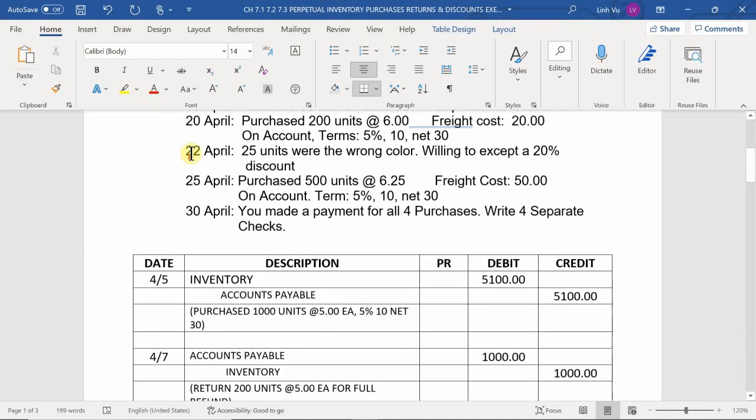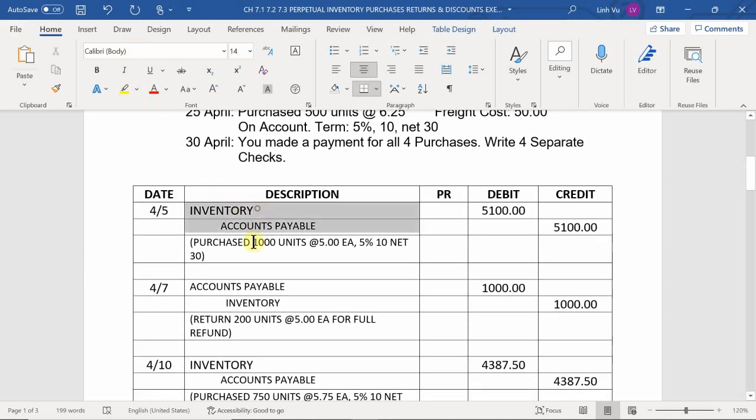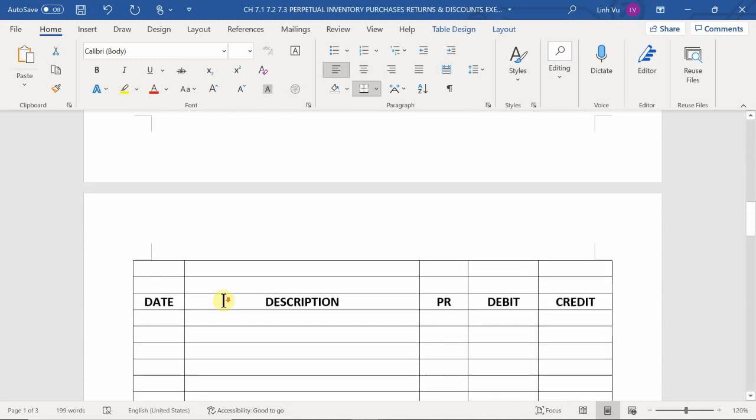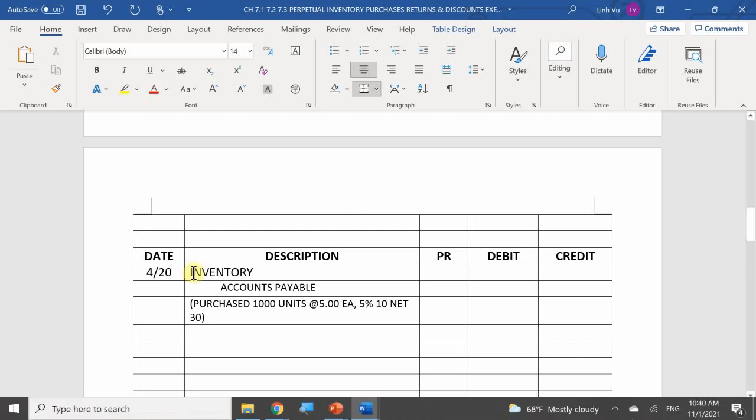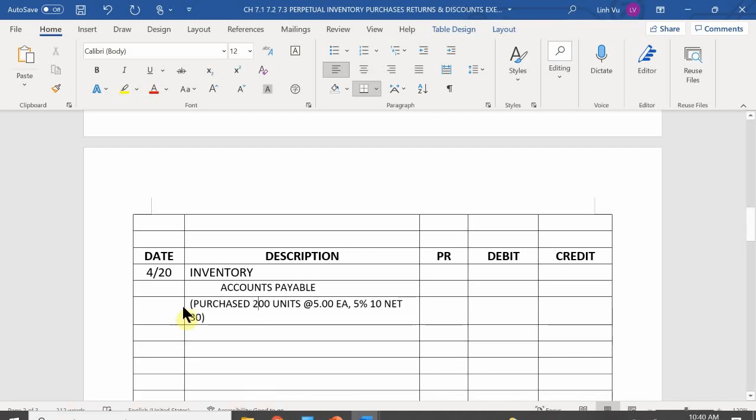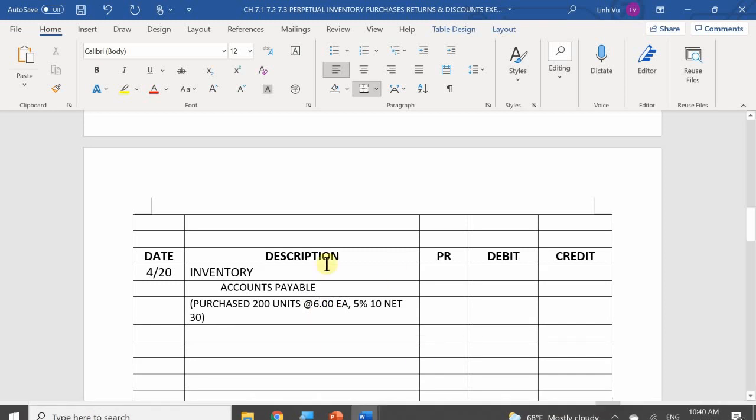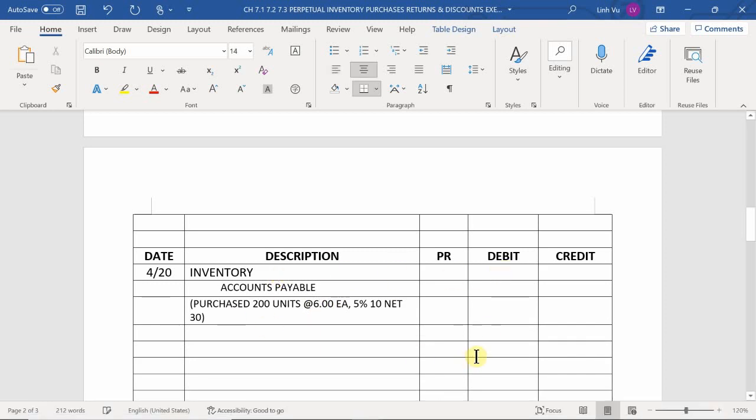So once again, we have inventory because we purchased 200 units at $6 each, with a freight of 20. So what is my total amount here? 1,220. Good.